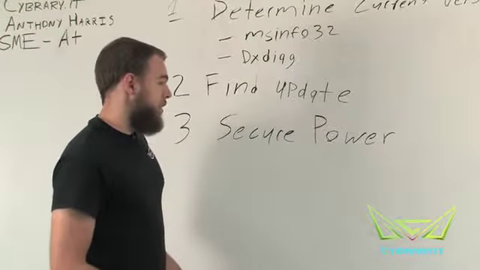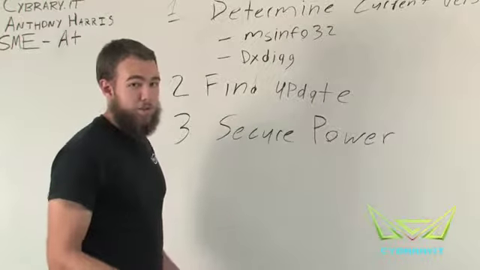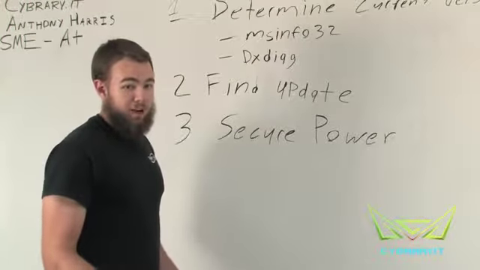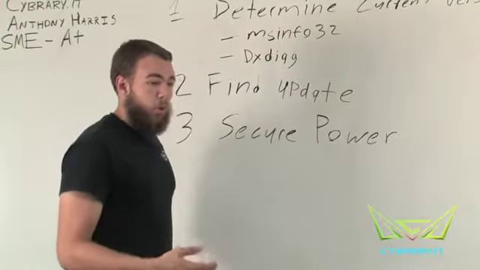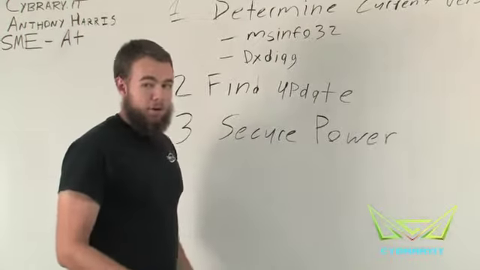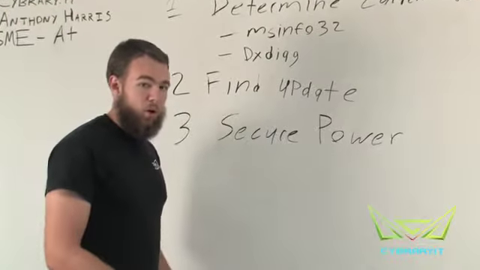So the best things that we can do, let's take the scenario of a desktop and a laptop. If we have a desktop, or say a desktop or a server, we want to have backup battery power for that. We don't want to just plug it directly into the wall.